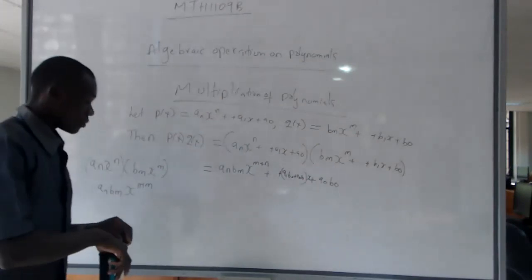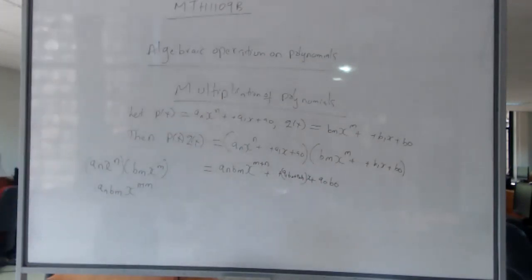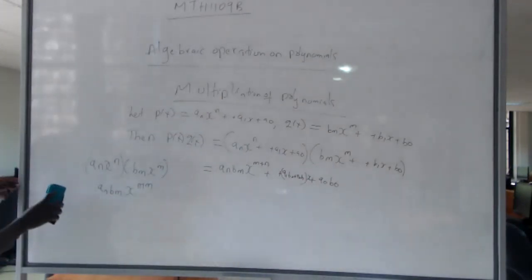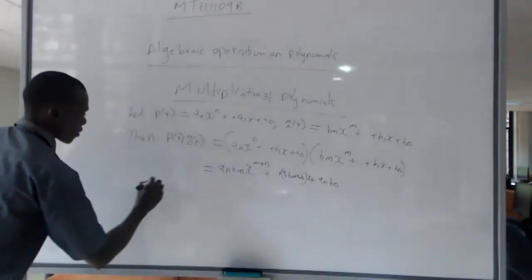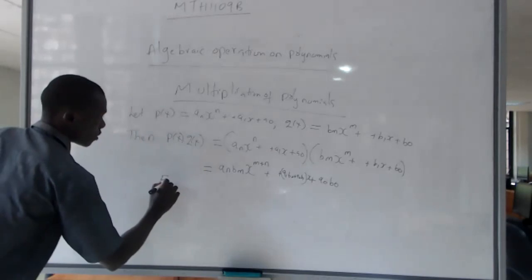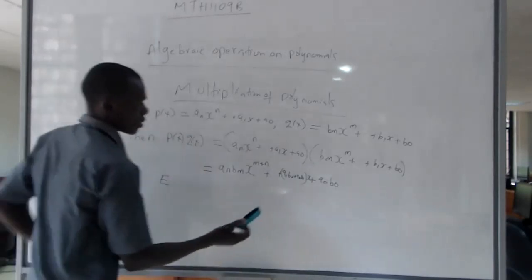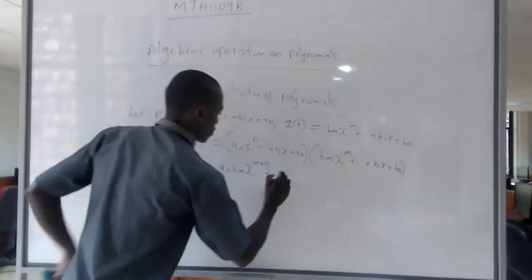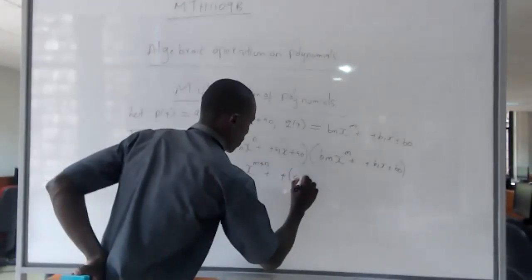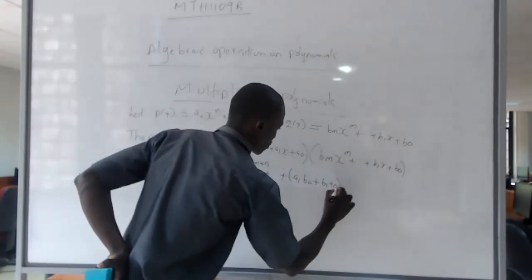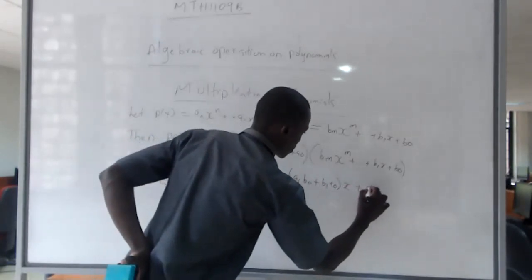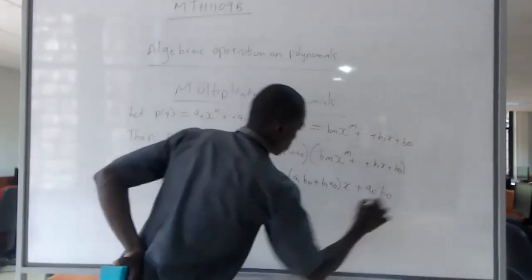Yes, this is okay now. Let me give you an example, to be more clear, if I give you a concrete example. Sorry, sir, could you please enlarge on what you just added to the equation? What I've added here is a_1 b_0 plus b_1 a_0 x plus a_0 b_0.